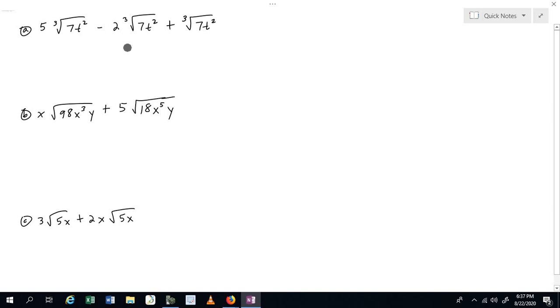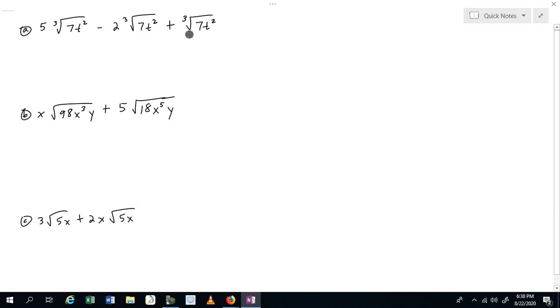Okay, so in this first example, notice that we have three different terms here, but each of these terms has the same type of radical in it. Each of these radicals is the cube root of 7t squared. And then notice you have different coefficients in front of each of those radicals. Like this one is a 5, this one's a -2, and this one's a +1.